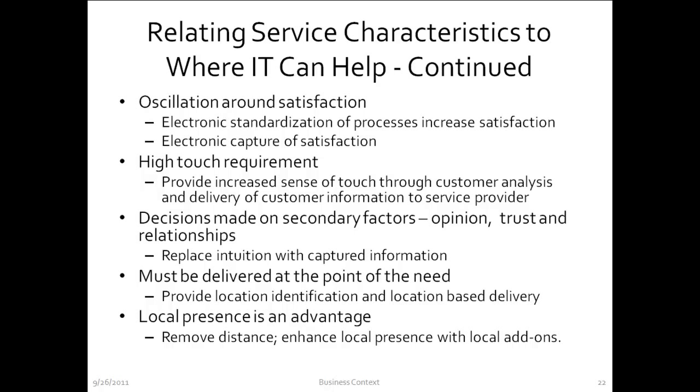So remote medicine, even though it's considered feasible now, is not the best way to deliver medical services to a patient. Okay? So, for all these different characteristics, for a few of them, I gave you examples of what IT systems have to do. What I would like you to do now is, for the ones I didn't give you examples, think about what an IT system has to implement in order to support that characteristic of the service.